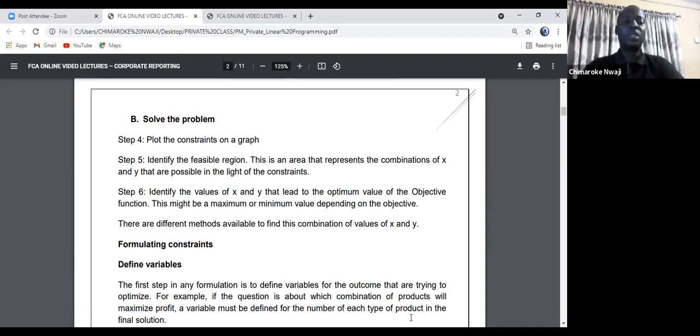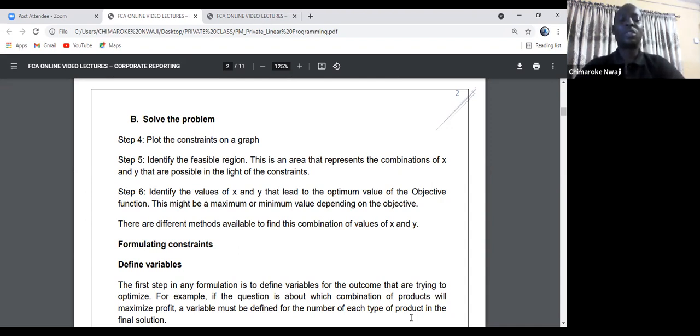Then you will need to identify the feasible region. The feasible region is that area where we can get the best possible solution. It is the area that satisfies the problem. Now, after identifying the feasible region, you need to identify the values of X and Y that will lead to the optimal value of the objective function.